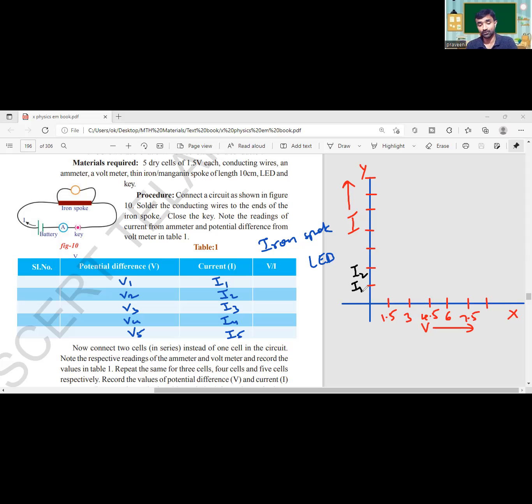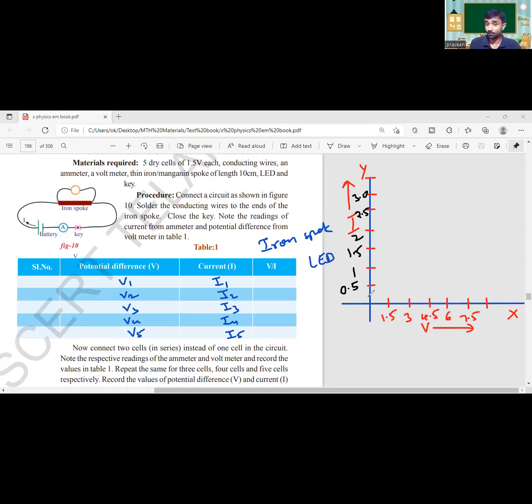Those values you are giving as simply 0.5 amps, 1 amp, 1.5 amps, 2 amps, 2.5 amps. Actually, 1 ampere is a high amount of current. These many values you are unable to get, right? Just blindly I am giving them like this.